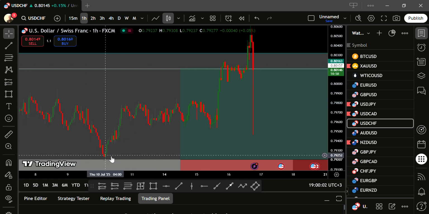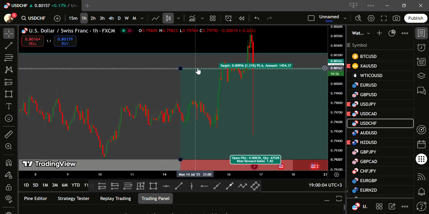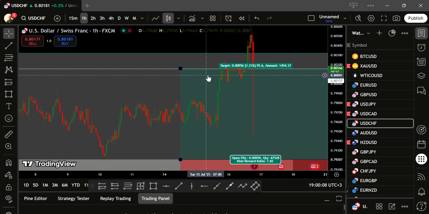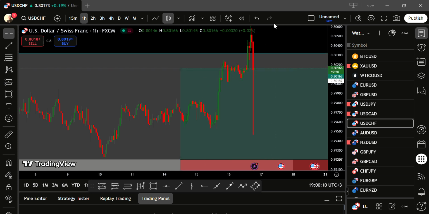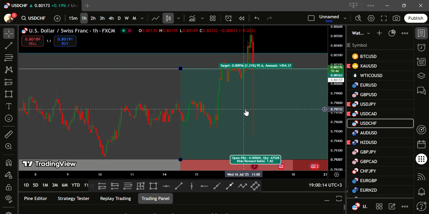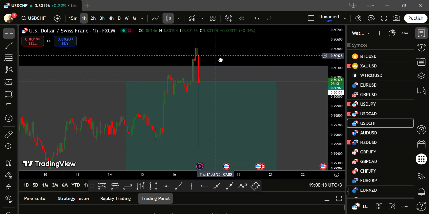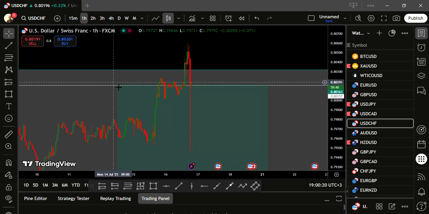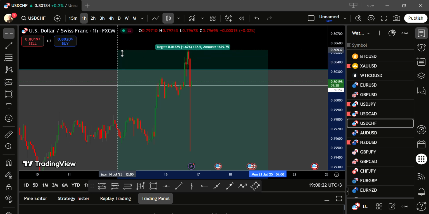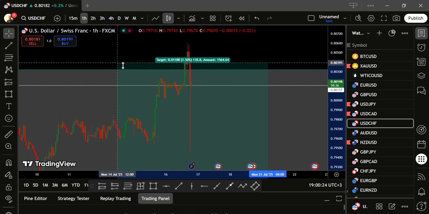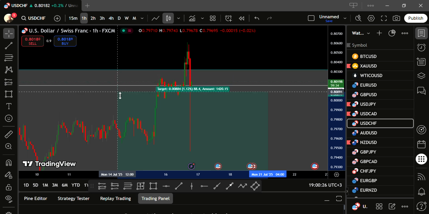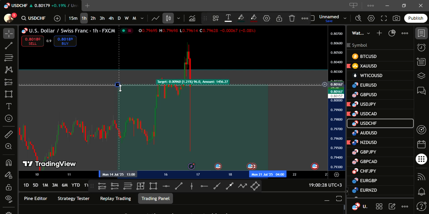This one here, we hit it. That is 90. It surpassed even the target. So that is around 130 pips, but the target was 90, so we achieved that.